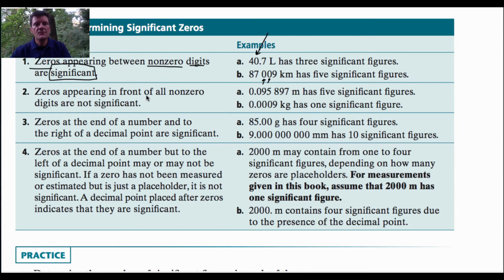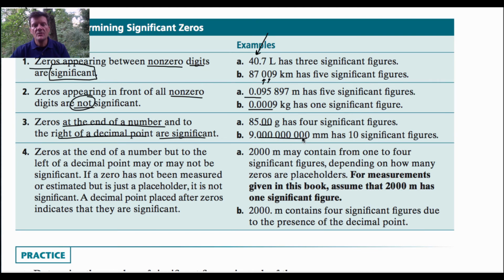Zeros appearing in front of all non-zero digits are not significant. They are simply pushing the other numbers, the non-zero numbers, into their correct location. So these zeros in front are not significant. They're simply placeholders.